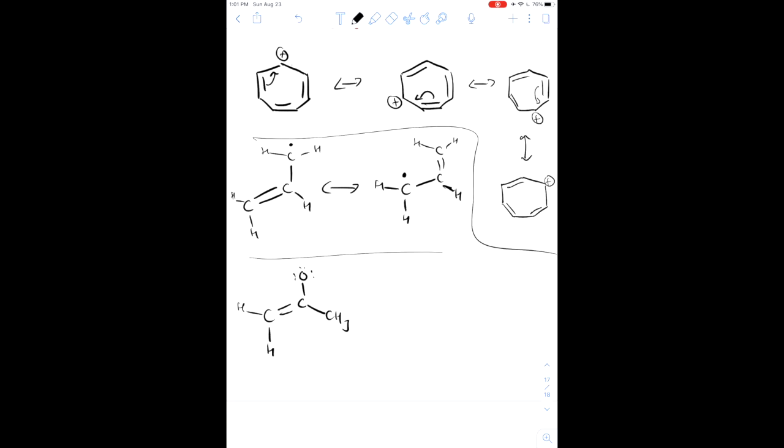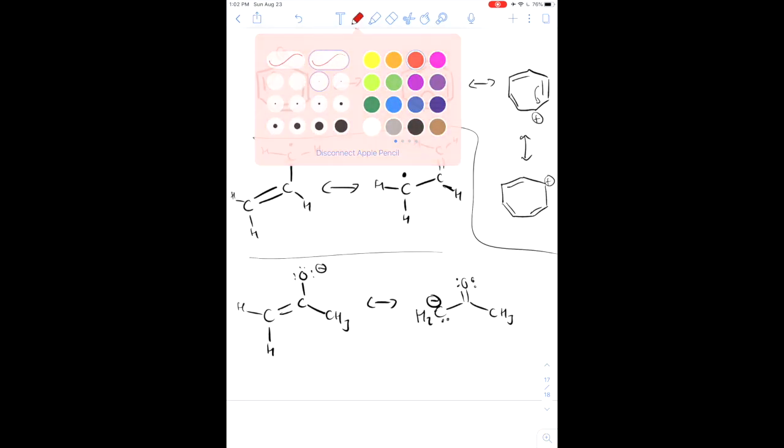But now let's take a look at this structure here. So the last one was when we want to look out for a pi bond adjacent to a p orbital that is occupied by 2 electrons as well. And in this case, this is a pi bond adjacent to an oxygen that has p electrons.